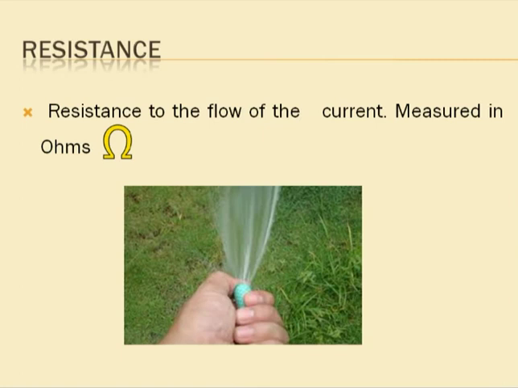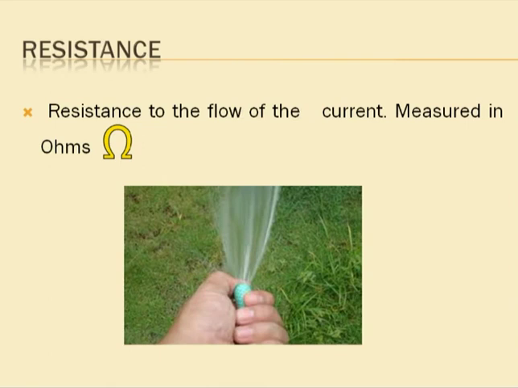So as we already experienced, if at the outlet of the pipe we put our finger or thumb, then the flow will find some resistance. Here the water will find some resistance. Similarly, the current is also facing some hurdle or resistance when flowing through the circuit.